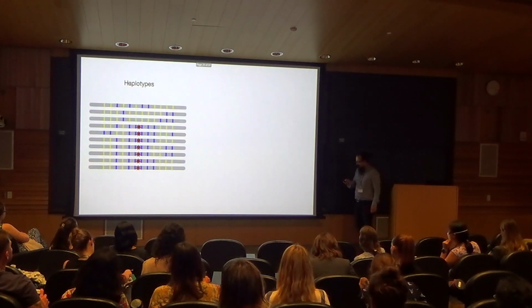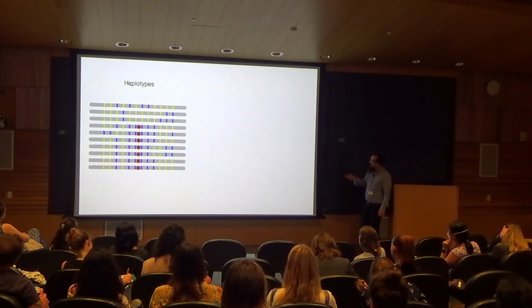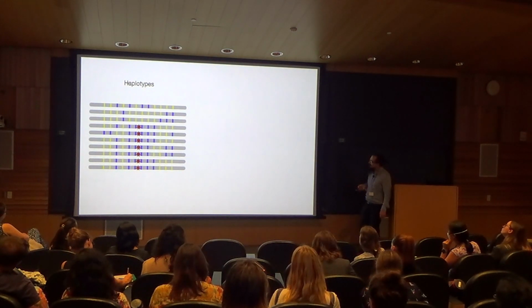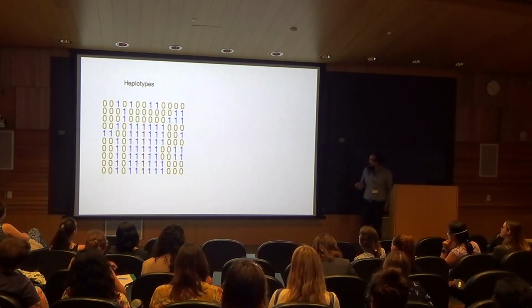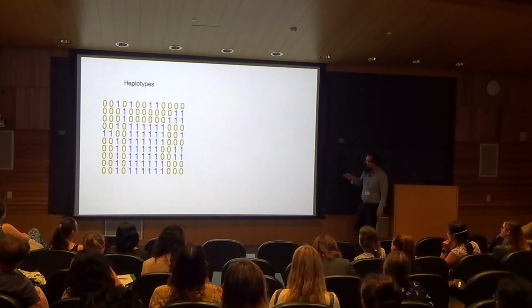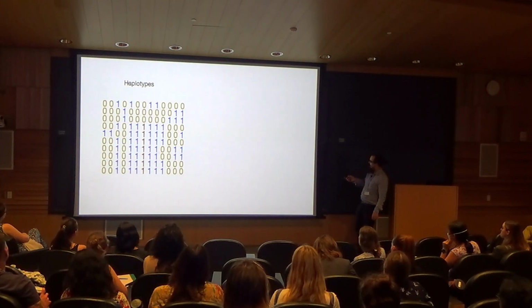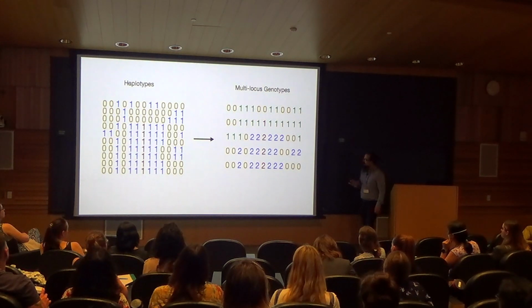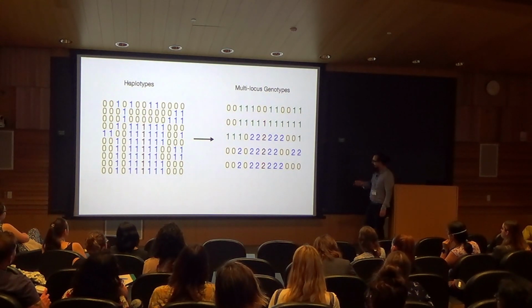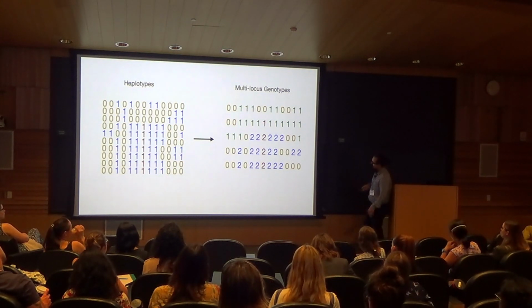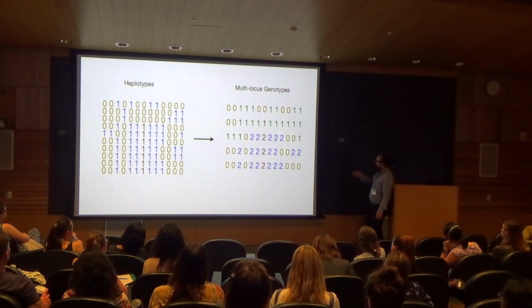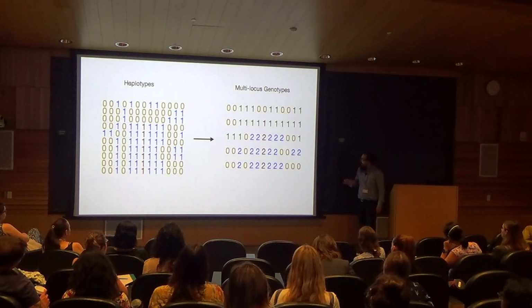Just to illustrate this with my little cartoon, here's our sweep cartoon, and I'm going to convert these into ones and zeros, and then collapse these haplotypes into multi-locus genotypes. Now you can see that in the original phased haplotype version, there's a lot of low genetic diversity surrounding the adaptive allele. And if you squint at this a little bit, you can see there's still a lot of low diversity surrounding this adaptive allele.